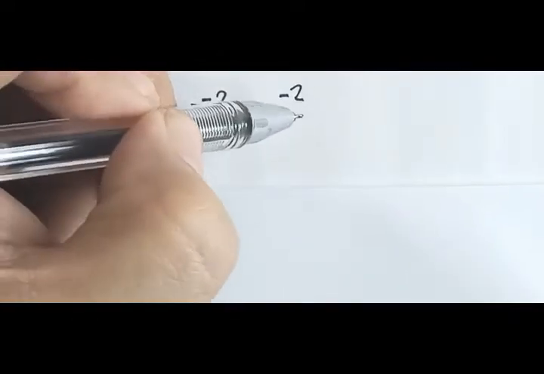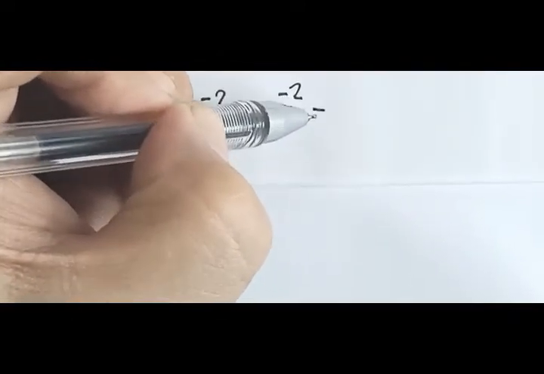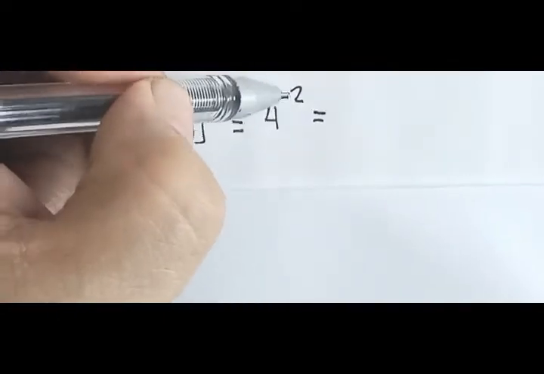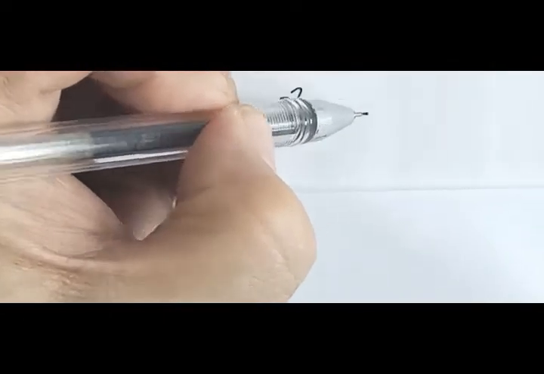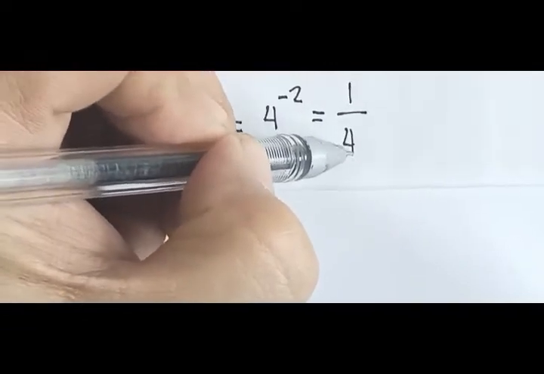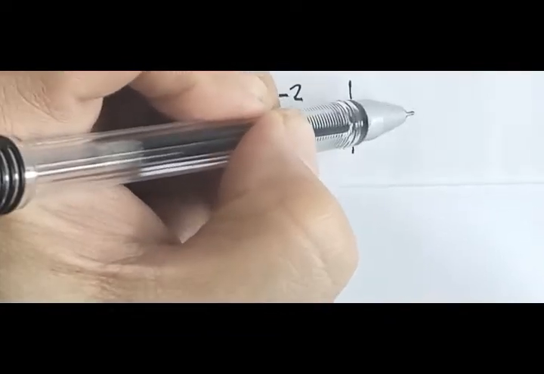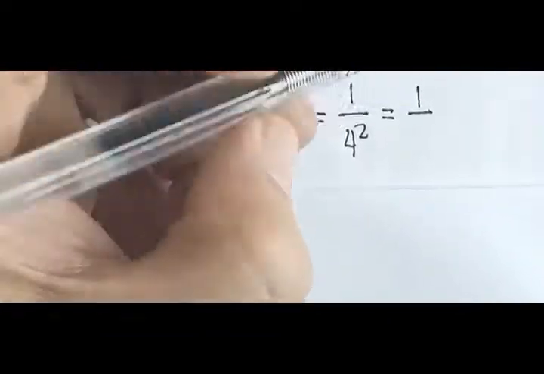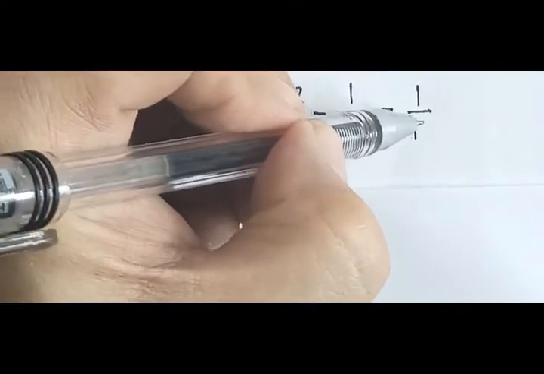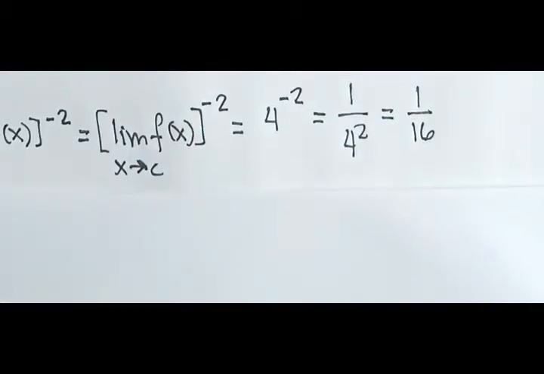Then we simplify so that we have no negative exponent. So 4 raised to the minus 2 is equal to 1 over 4 squared, which is 1 over 16.